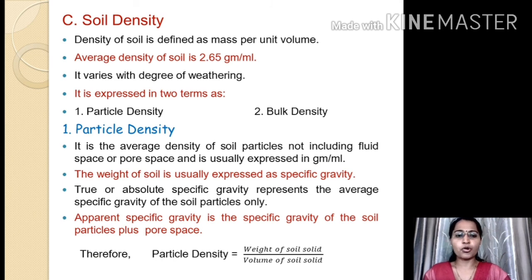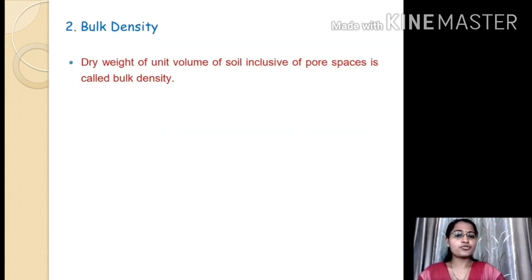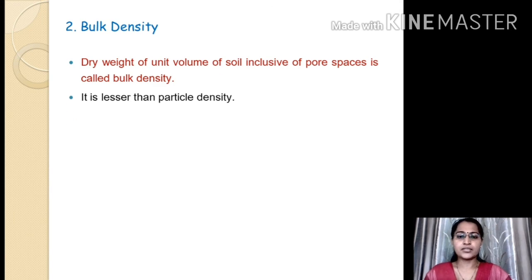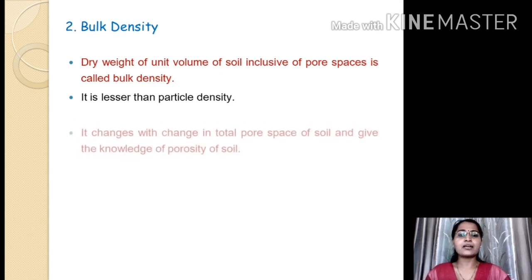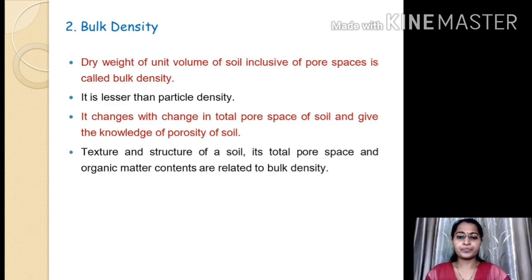Now we go for bulk density. The dry weight of a unit volume of soil including pore spaces is called the bulk density. It is less than particle density. It changes with change in total pore space of soil and gives knowledge of the porosity of soil.